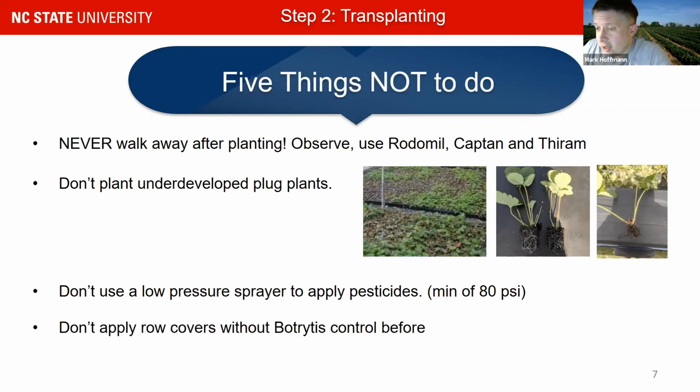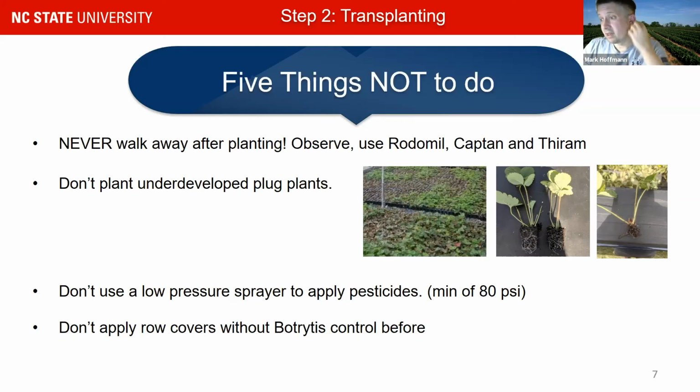And also don't apply row covers before you do Botrytis control. That is a North Carolina recommendation. If we apply row covers either in winter or in spring, we usually recommend Botrytis control before we apply row covers, because we know under row covers Botrytis is a big problem.